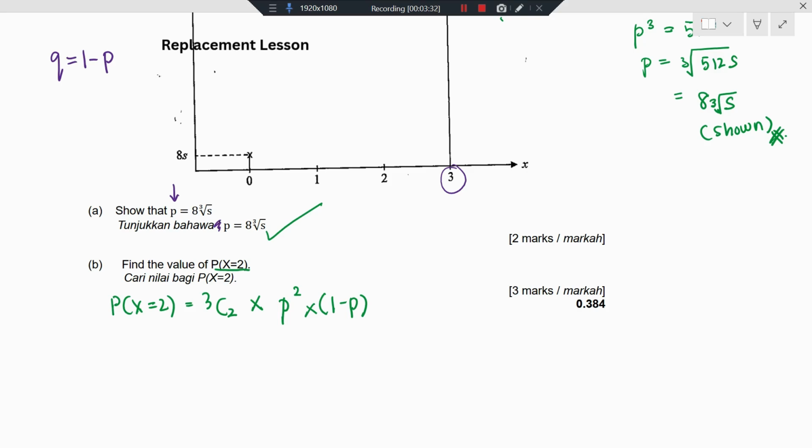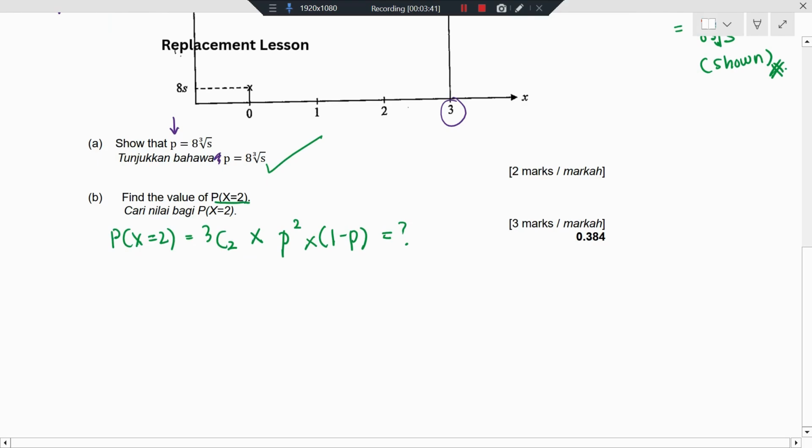I at least have something related to our p, and this is power 1. Let's solve this. 3C2, I'm getting 3.